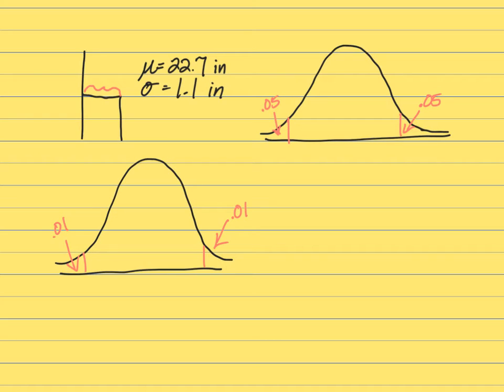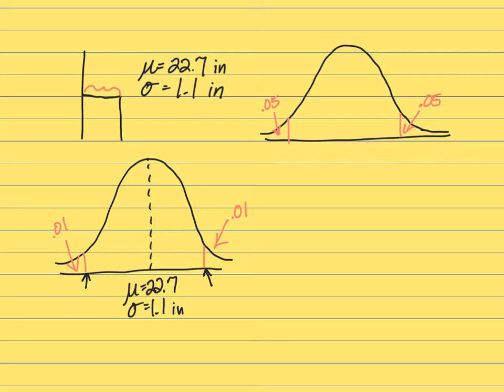Okay. So the setup, of course, is in our normal distribution. We have a mean of 22.7 and a standard deviation of 1.1 inches. How far out is this boundary? And how far out is this boundary? Now, by symmetry, those are going to be the same. So I think it's going to be easier and more direct to find that boundary.